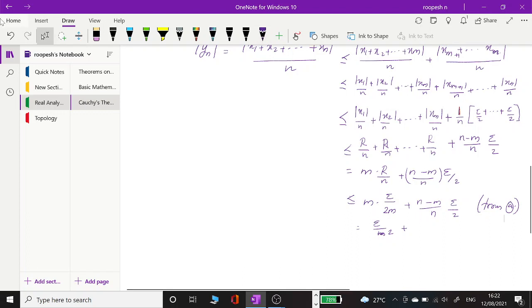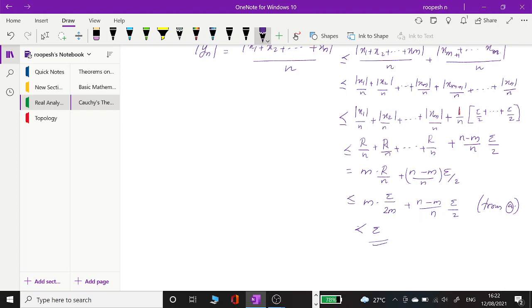Now this quantity, you will get this value is less than epsilon.